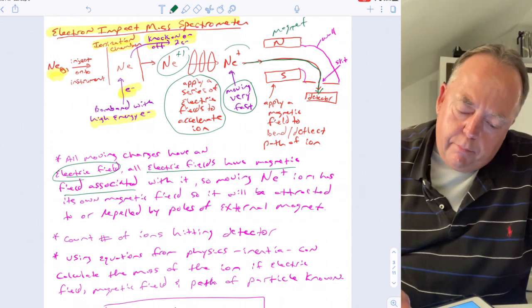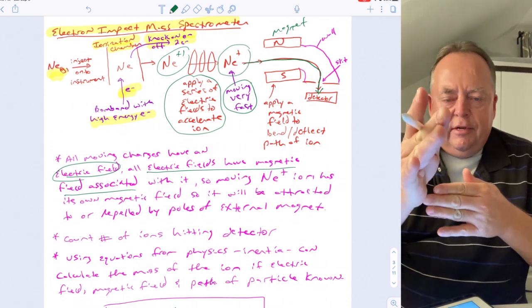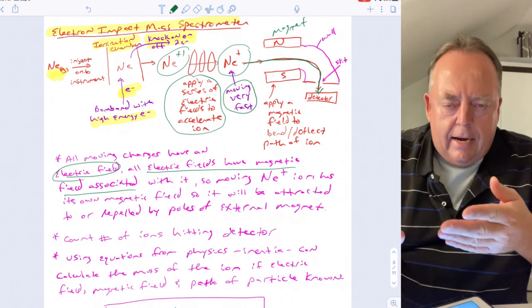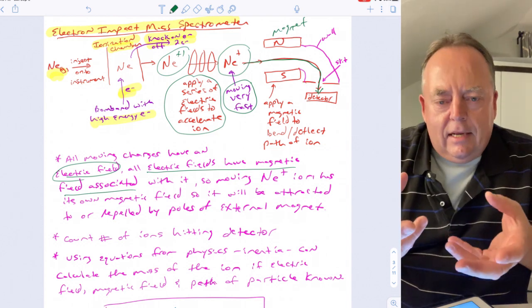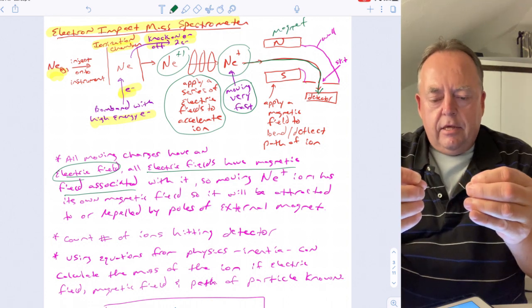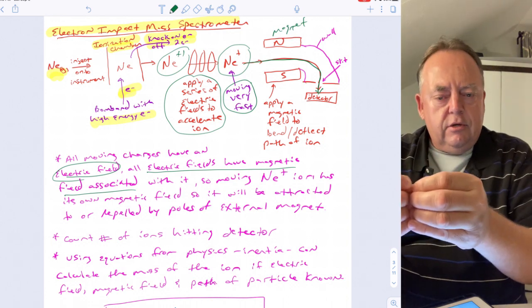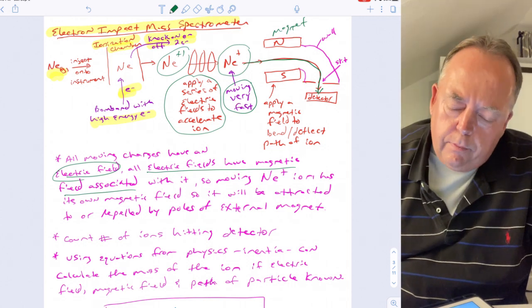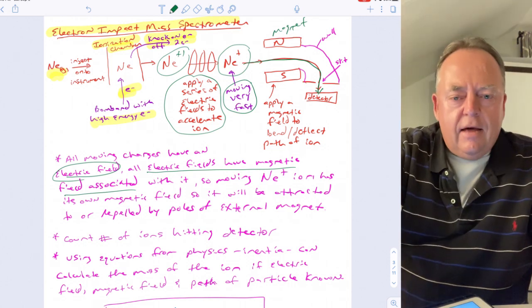So this neon plus ion that's moving through your instrument has an electric field, and therefore it has a magnetic field as well. So it has its own magnetic properties. What happens if you take a magnet and put it in the presence of another magnet, then they'll either attract each other or they'll repel each other, right? And so that attraction and repulsion is used to bend the path of the particle.